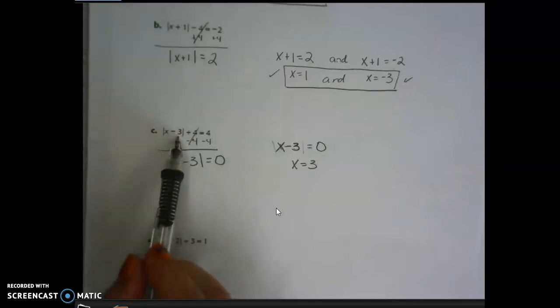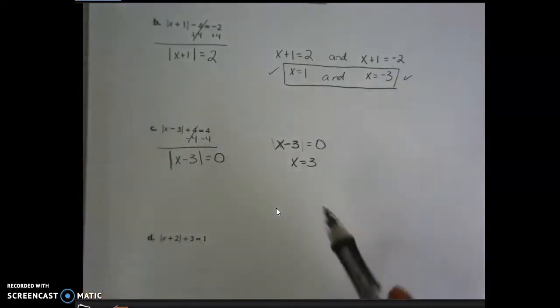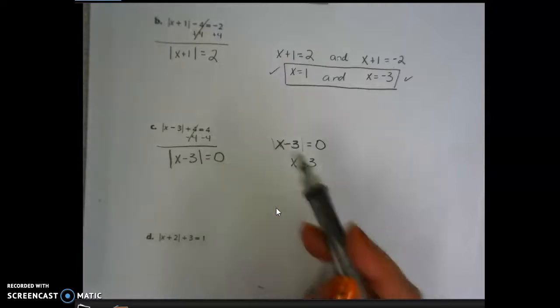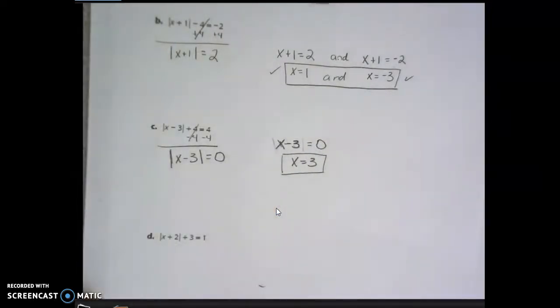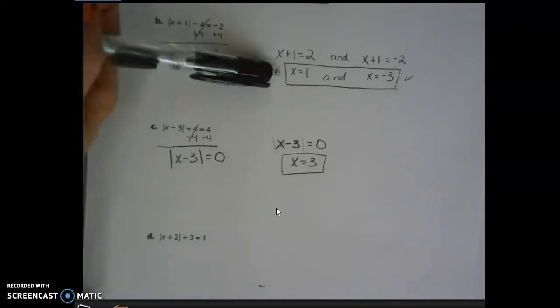That's the only number that's going to make that equal to 0 to where 4 equals 4. When you have an absolute value set to 0 after you isolate it, there's only one solution. There's just one possible solution, and that's okay. If it's a distance from 0, some number other than 0, you're going to have two solutions.